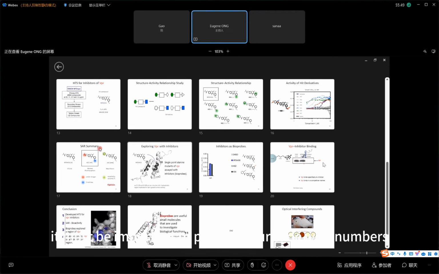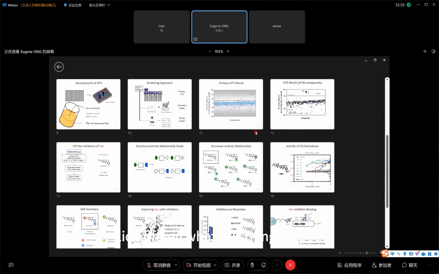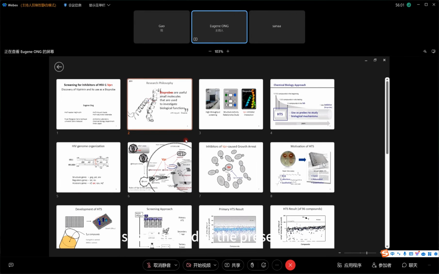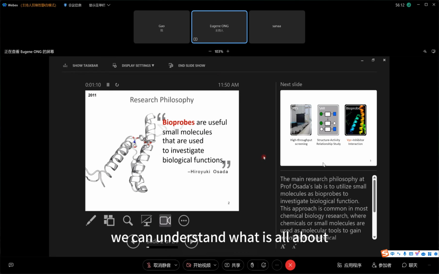And of course, it must be important to present your slide with numbers so that the reviewer can ask you, okay, slide 15, what is this thing about. So at the end of the presentation, do not just go out of the presentation, but show the slide view, overall view, so that we can understand what it's all about.